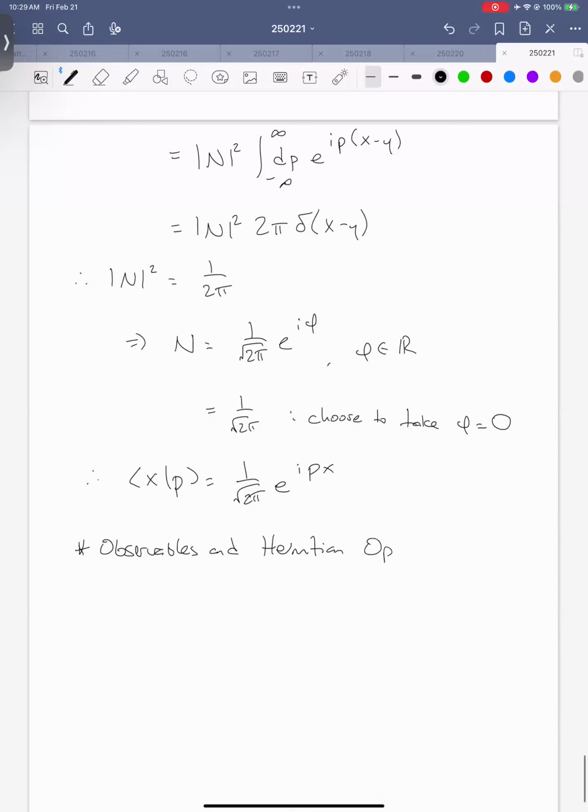All right. So, observables and Hermitian operators. I tried to motivate the postulates. We're taking the postulates as postulates, but I wanted to give some good reasons why those postulates are the way that they are. The question is, to what extent can we still do quantum mechanics and change those assumptions?